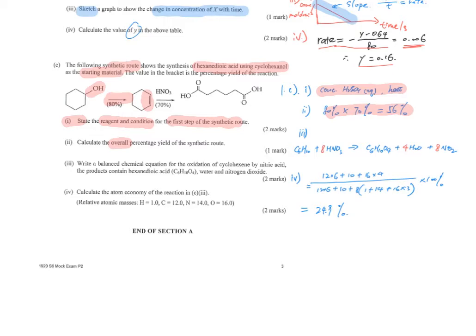Okay. Then for part 3, write a balanced equation for the oxidation of cyclohexene by nitric acid. That means the overall equation is what it asks you to find. Here, the products other than hexanedioic acid are water and nitrogen dioxide. So all reactants and all products are given. You just need to convert all the names into formulae and then balance, and you get 2 marks.